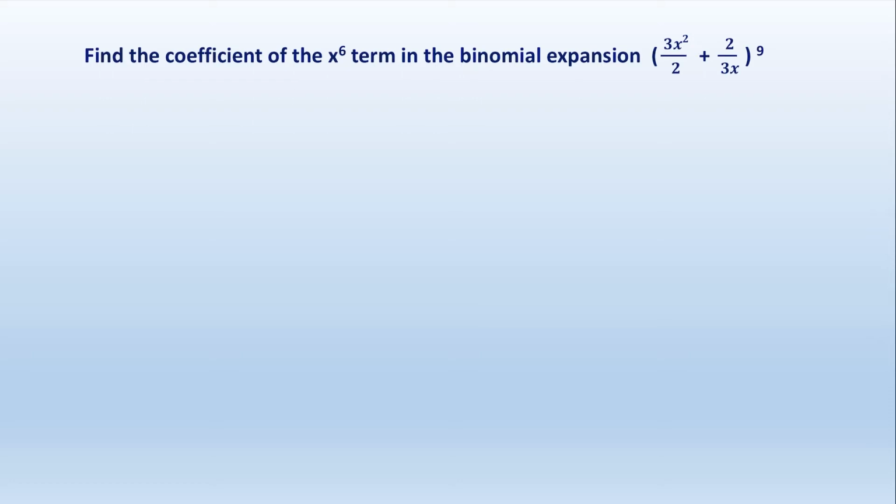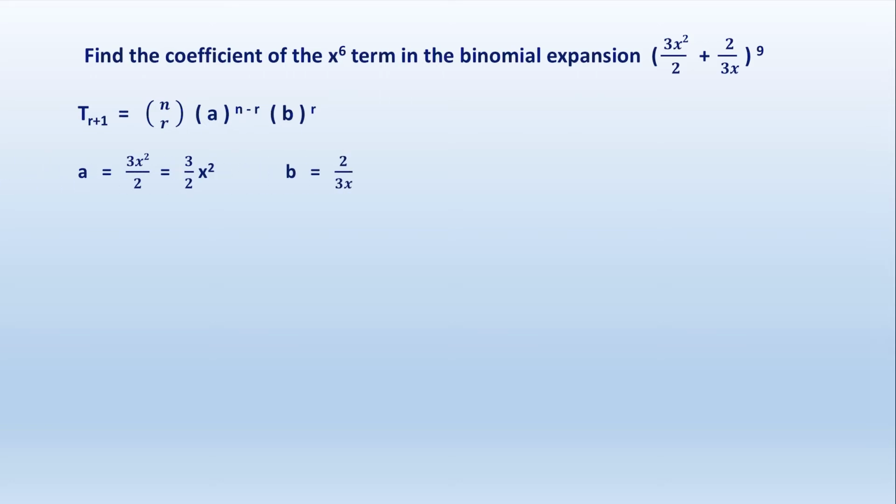Find the coefficient of the x^6 term in the binomial expansion (3x^2/2 + 2/(3x))^9. We first state the general term of a binomial expansion formula, and in this question, a, the first term, refers to 3x squared over 2, and for simplicity we always write it as 3/2 x squared.